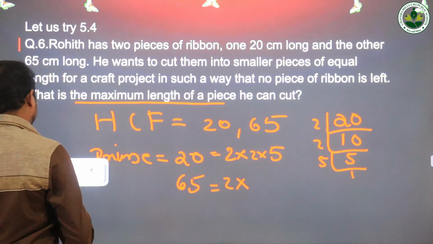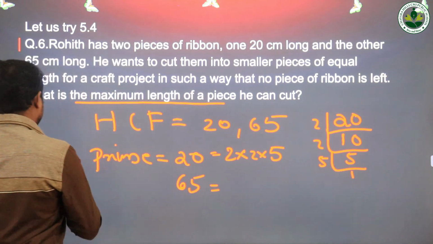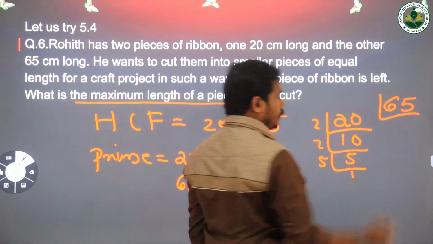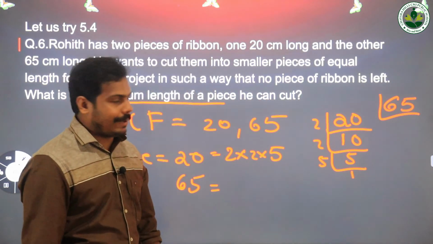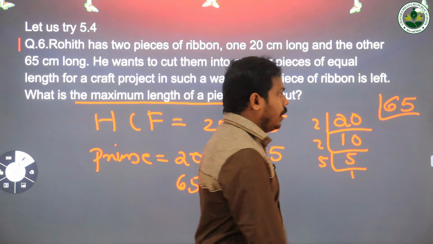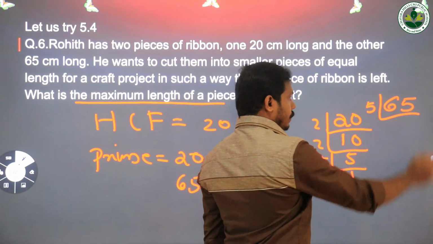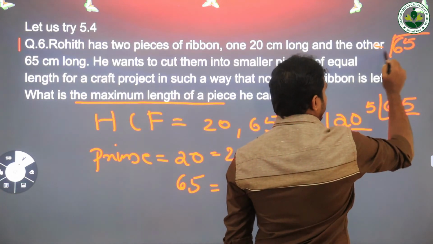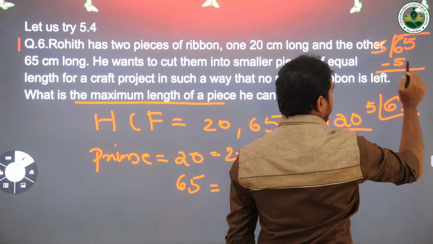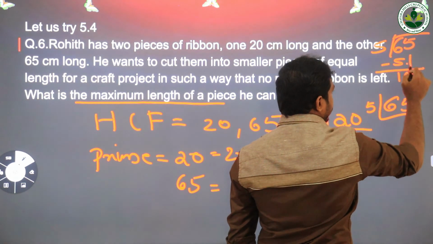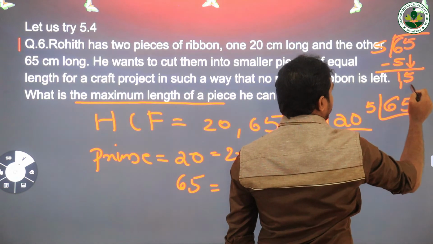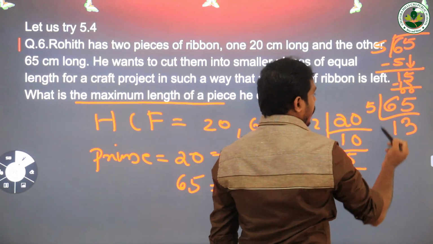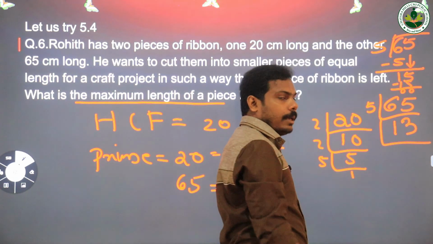And we need to find the prime factorization for 65. We can't divide this by 2, and 3 is not possible, since 6 plus 5 is 11, so we can't divide that by 3. 5 is possible because 5 is in the ones place. 65 divided by 5 is 13, since 5 threes are 15. 13 is a prime number.